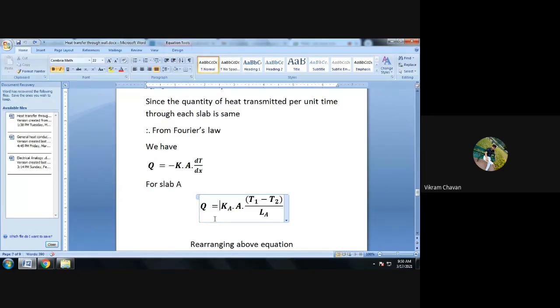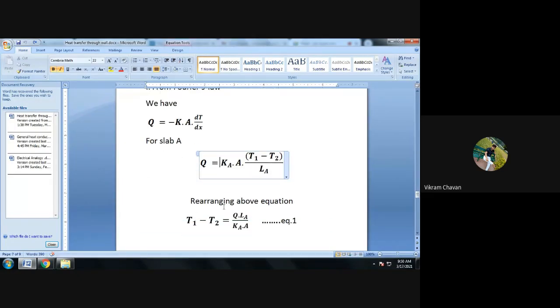Now we have to rearrange that equation in the form of a temperature difference. Rearranging the above equation will provide T1 minus T2. Here we have kept only T1 minus T2 on the left side, and the other quantities we have shifted to the right side.